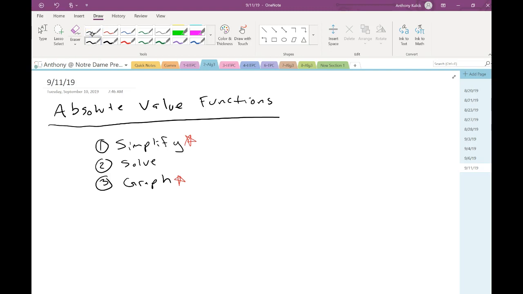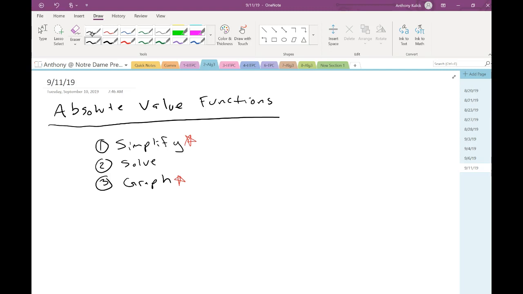So that's the plan. Each time we start a new class of functions, these are going to be the three major skills that we're going to want to develop when we talk about these classes of functions. So just keep that in the back of your mind, that by the time the test rolls around, the skills that we're going to be testing on are going to be your ability to simplify and solve and graph primarily.